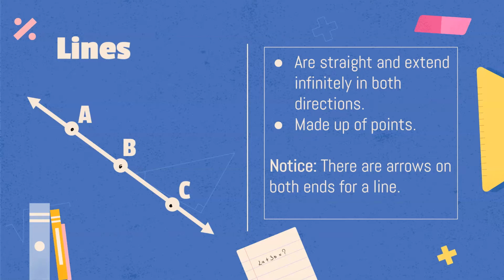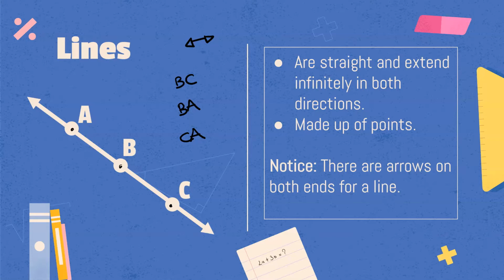And so when we name a line, we use any 2 points. We can use any 2 points on this line to name it. So we can use BC, we can use BA, we can use CA. But the thing is, we always have to put this symbol above it, because these arrows mean that the line goes on forever in both directions.